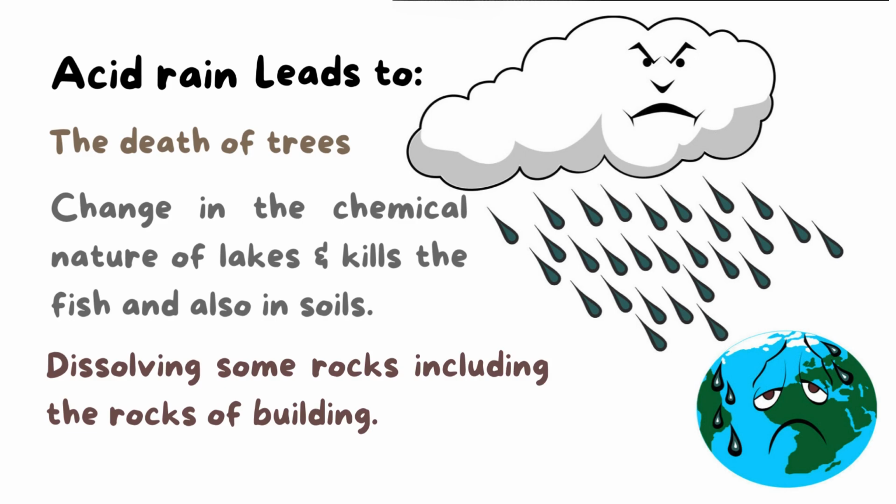So we said that burning fossil fuels causes two problems on the environment. The first one, acid rain, as the carbon dioxide goes and combines with water and forms acid rain, and we discussed the three harmful effects of acid rain.